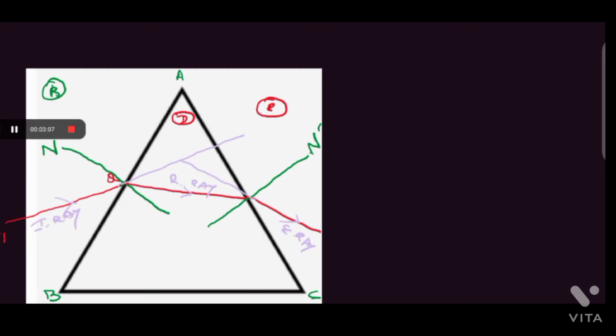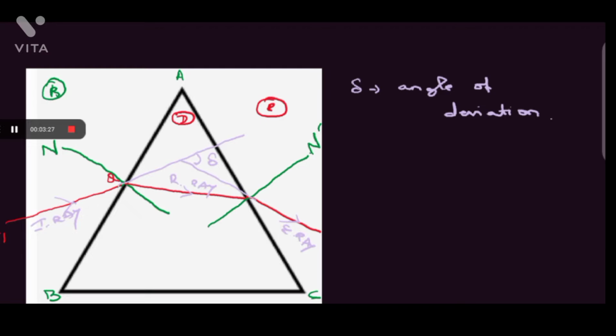When we imaginarily extend this incident ray and the emergent ray to meet at a certain angle, this angle delta will show you the angle of deviation, how much the incident ray is getting deviated.